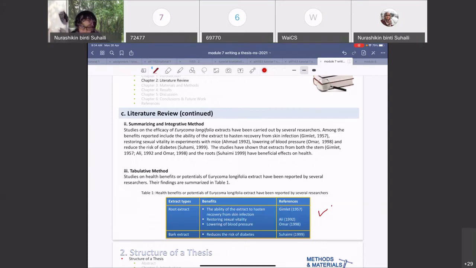The way you construct the table depends on the points that you are highlighting, maybe the benefits like this. And you should also put the references, so that people know which source this point comes from. Okay.